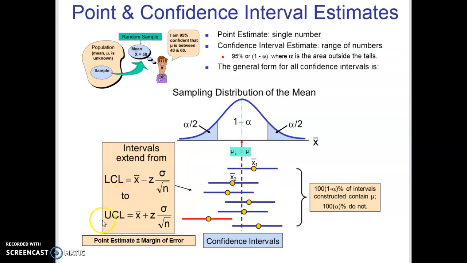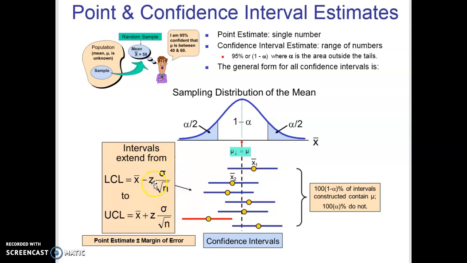The upper confidence level is the upper level here that we would get from the sample. So the lower confidence level, for example, would be our X bar, and we would subtract a Z-score based on a 95% confidence interval multiplied by this value here. Now, if you recall, that is our standard error.